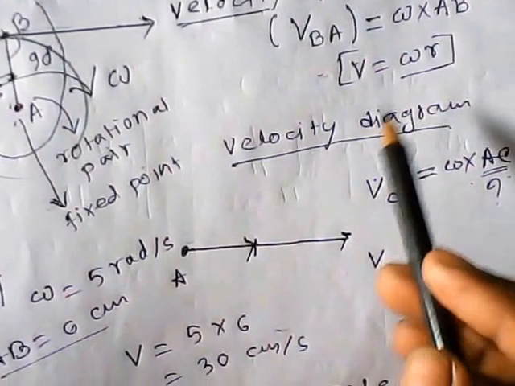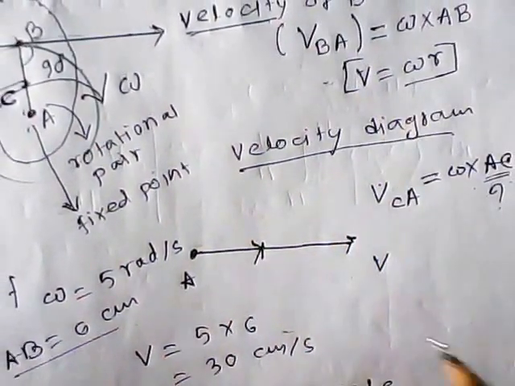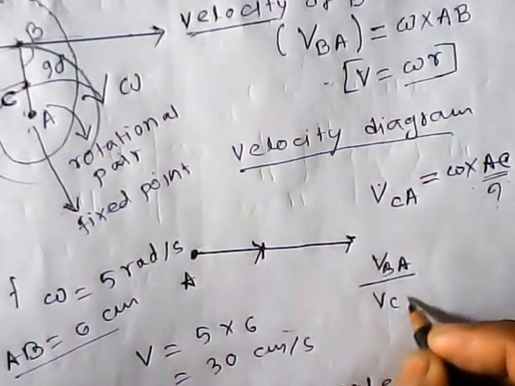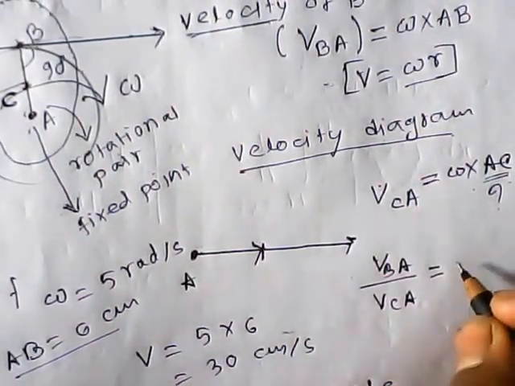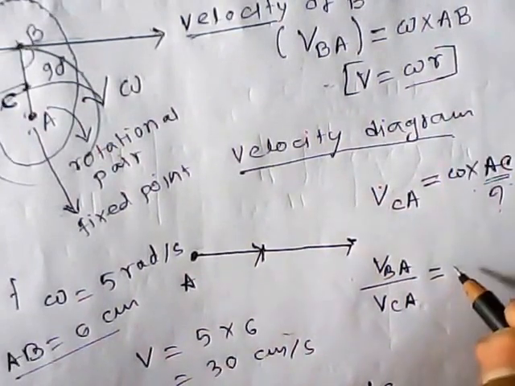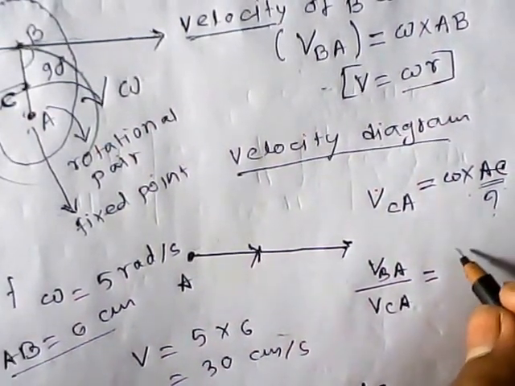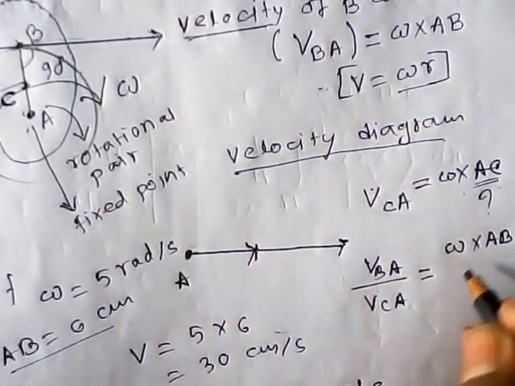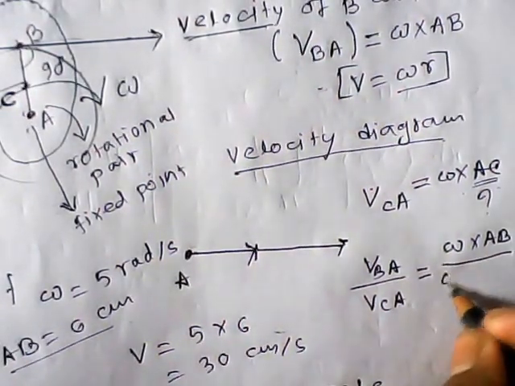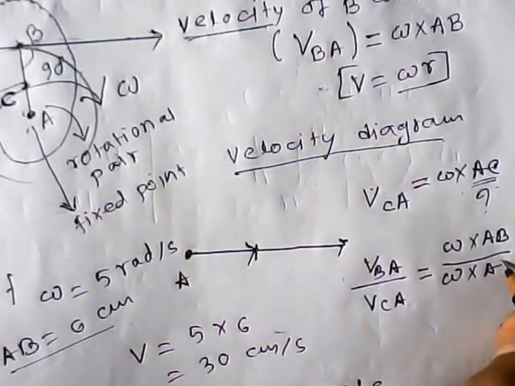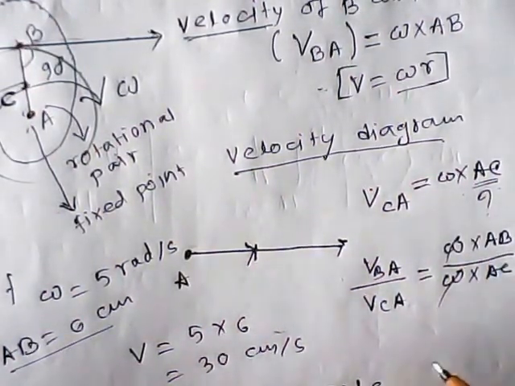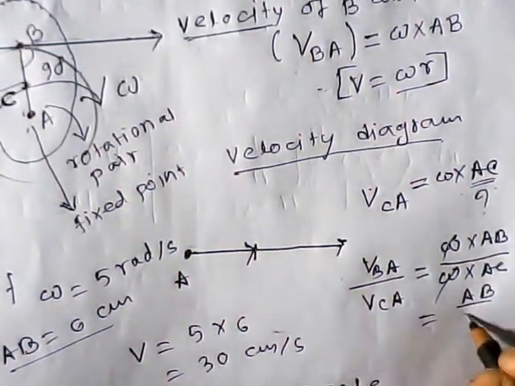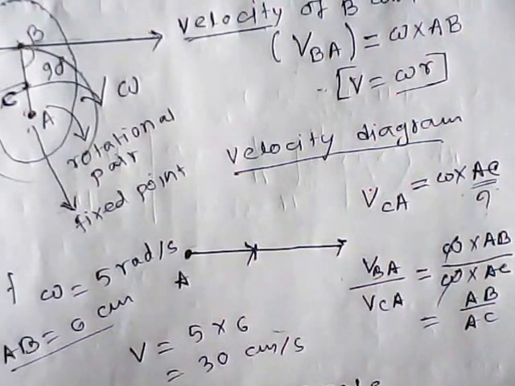So to find the velocity we use two relations, V of BA equal to omega AB and V of CA equal to omega AC. So V of BA by V of CA equal to omega into AB by omega into AC. Omega cancel, so V of BA by V of CA equal to AB by AC.